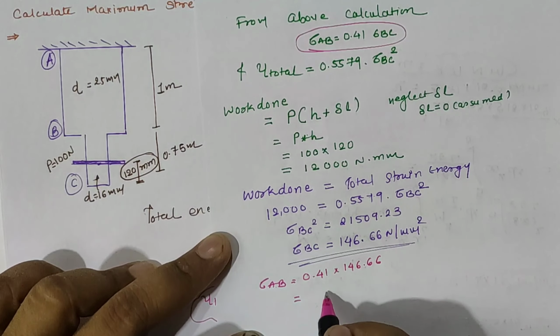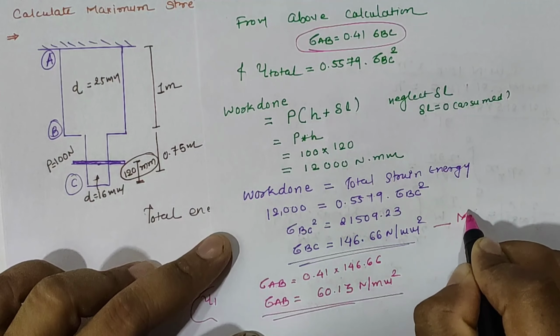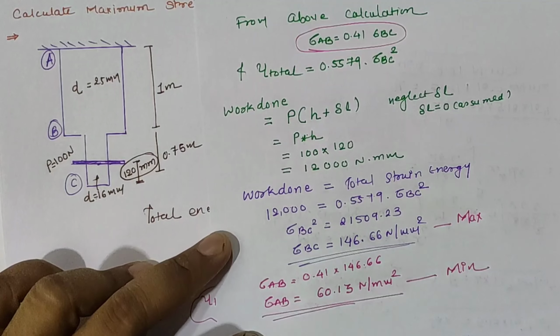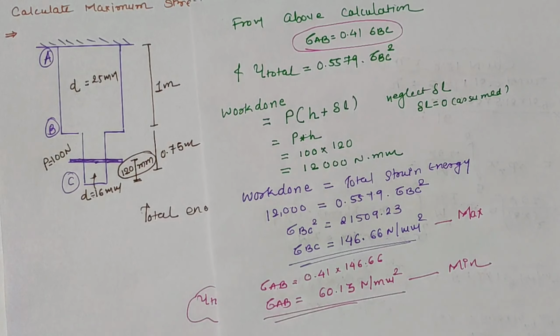So we can say that in the bottom part our stress is maximum, while in the top part our stress is minimum. Thus we can calculate the stress in the tapered section. Thank you.